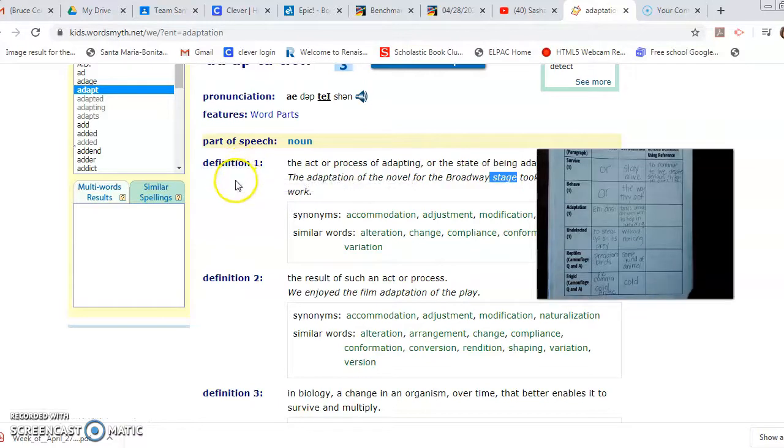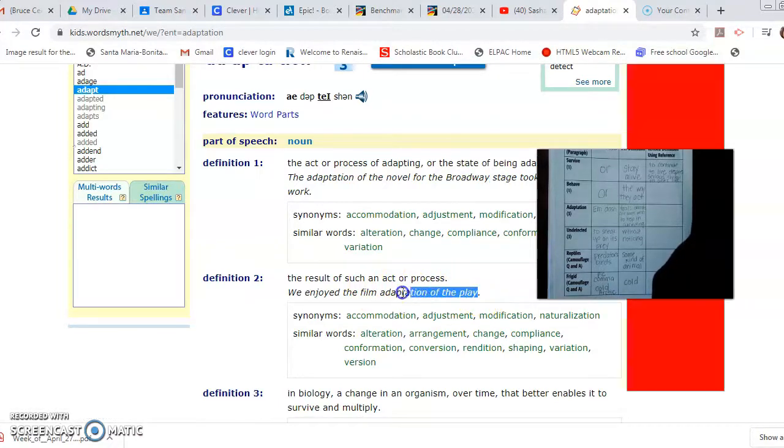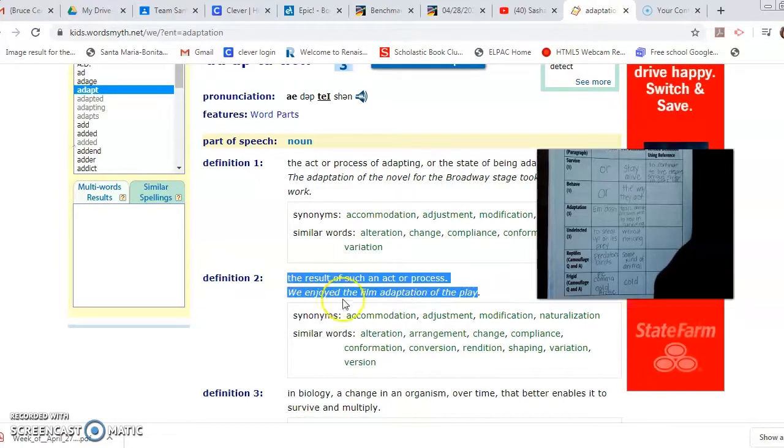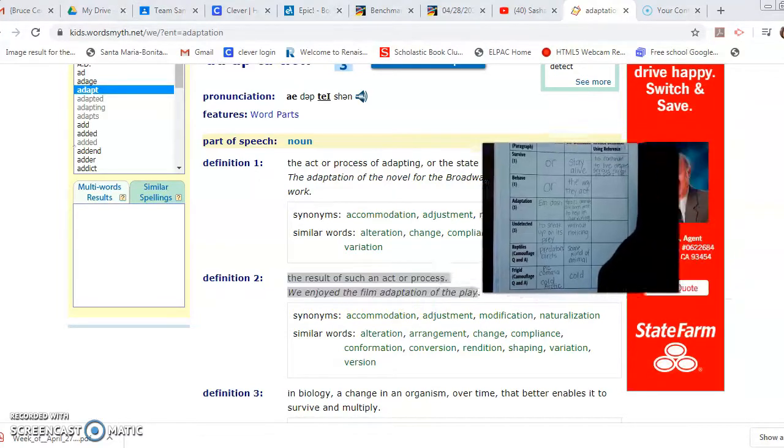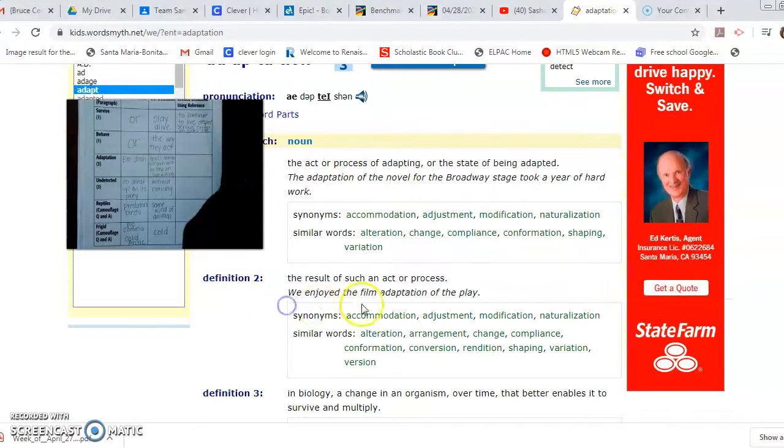How about definition number 2? The result of such an act or process. Let's read the sentence and see how it's being used. We enjoyed the film adaptation of the play. Film? Play? Are we talking about those things when we talk about traits animals are born with to help in surviving?